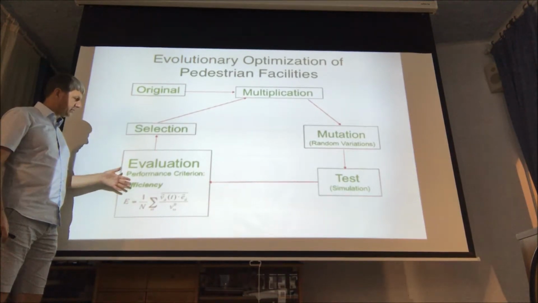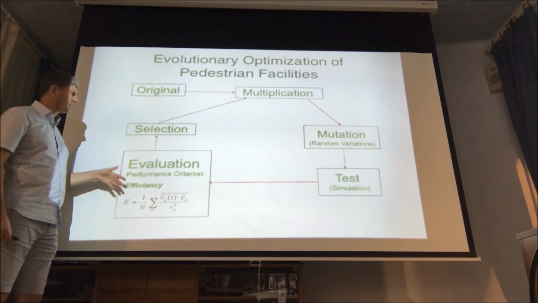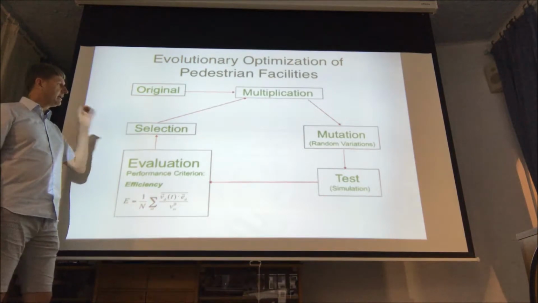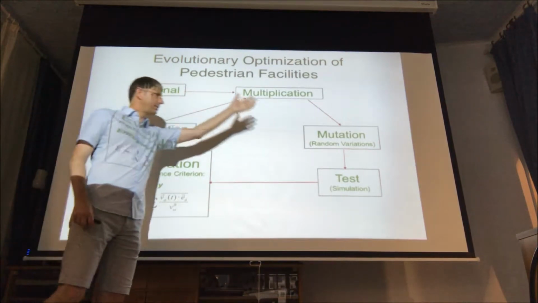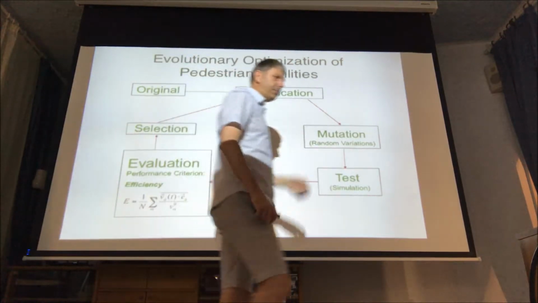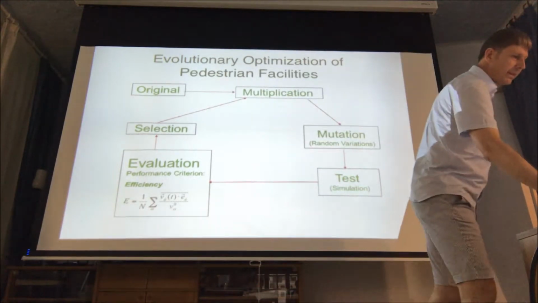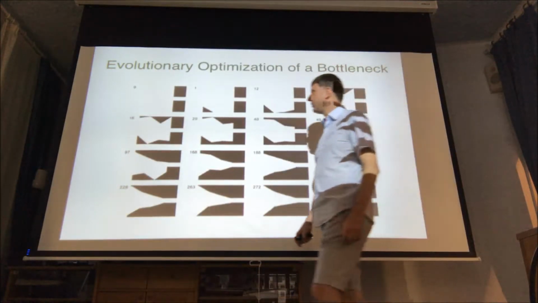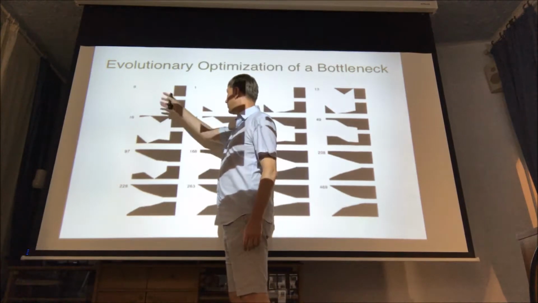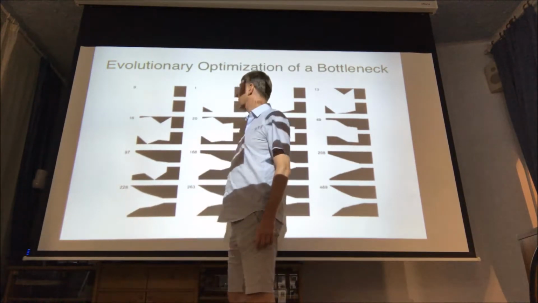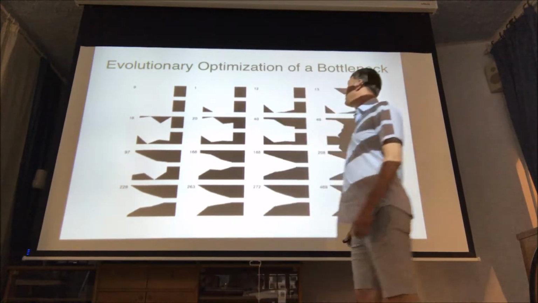There are different kinds of measures for efficiency and comfort and so on. Then you select the better solutions, multiply them again, and go through the cycles many times until you have a good solution. So for example, if you start with a room and a corridor, that means a bottleneck, then what happens is this.